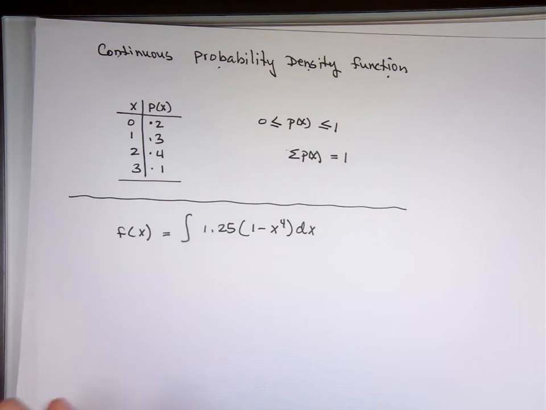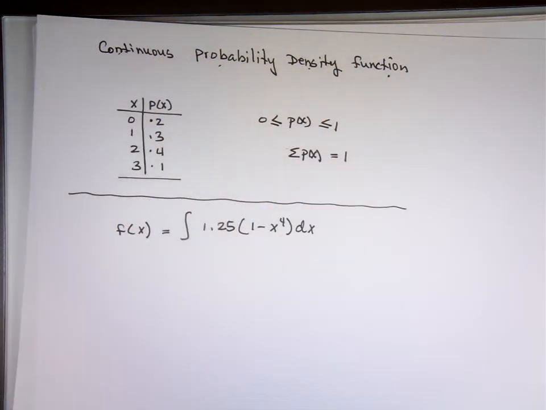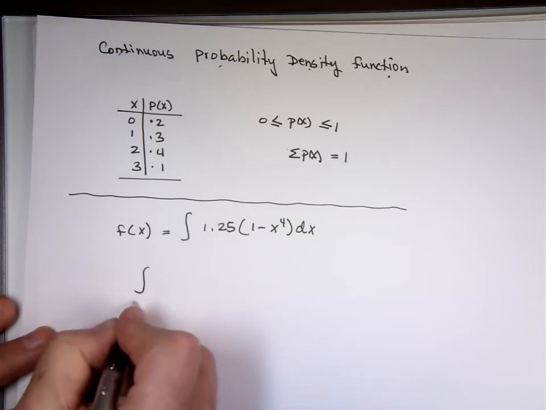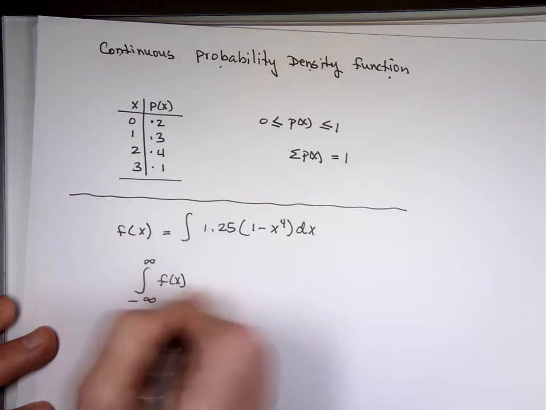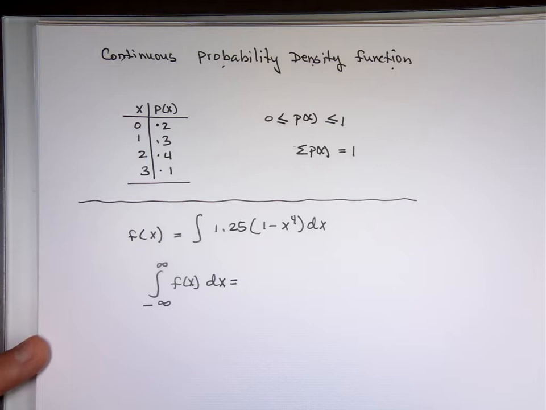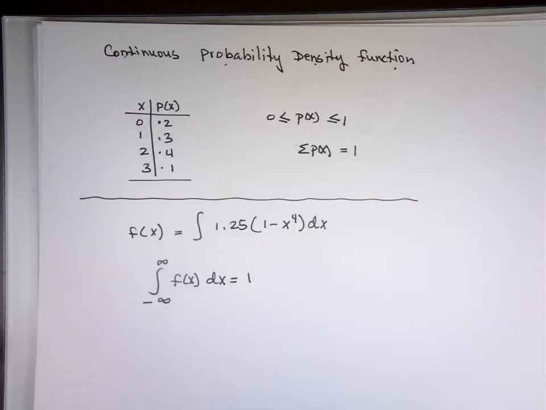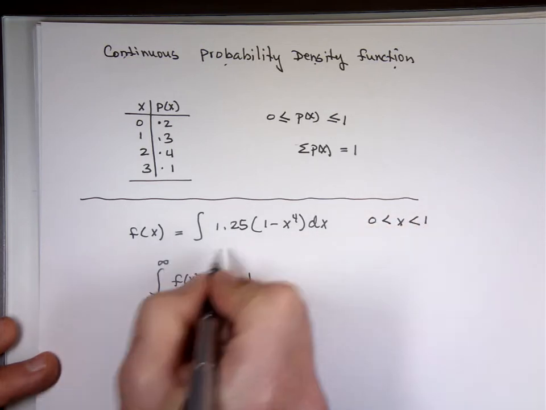And to prove that it's a valid continuous probability density function, you need to make sure that if you integrate this from negative infinity to infinity, the sum has to be what? What do you think the answer should be? 1. Let me give you limits for that function. Let's assume this function is good for x between 0 and 1, and 0 otherwise.